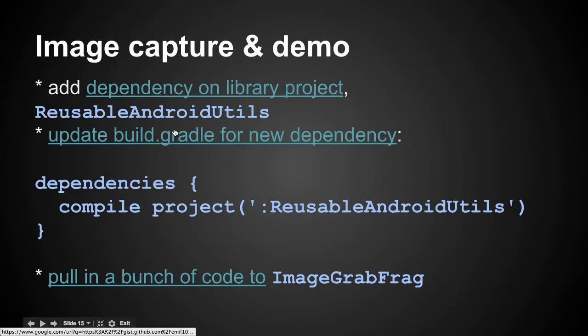So yeah, now it's telling me to add this dependency that I already added, which is the reusable Android utils. So just a quick note on things that I've put into this library: there's some helper code for dealing with cameras. Typically you'll need to implement a photo handler, so I've implemented a generic photo handler in here. I have some file utils that help with saving to file on the SD card.